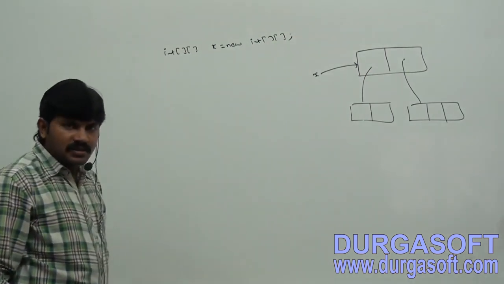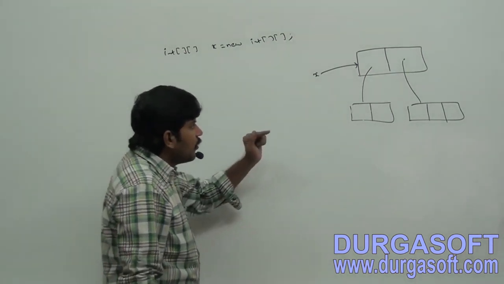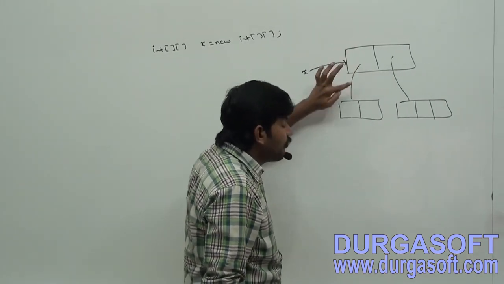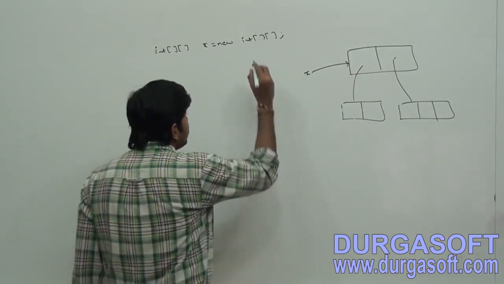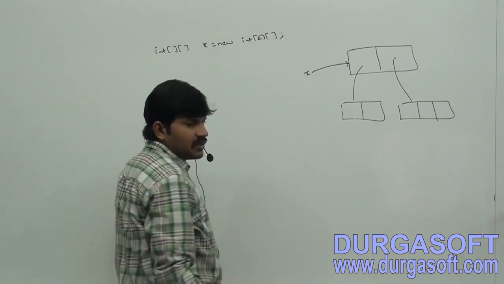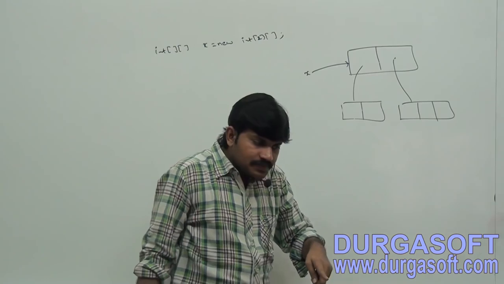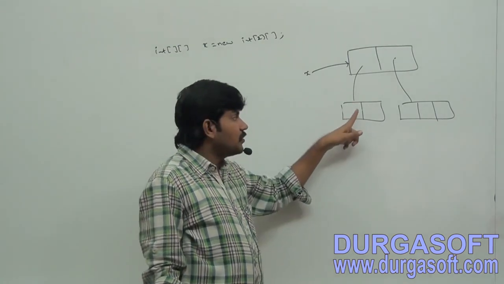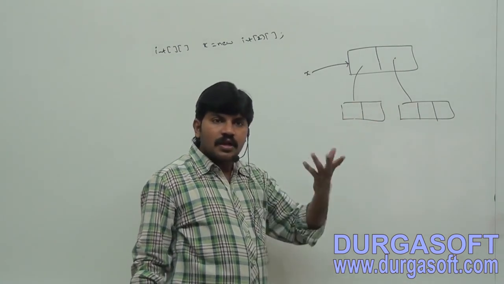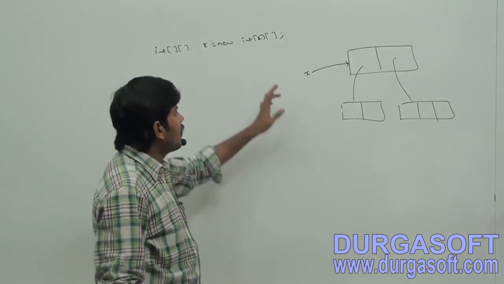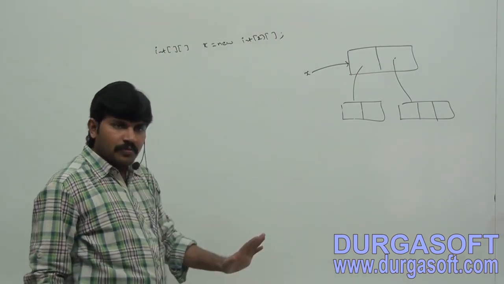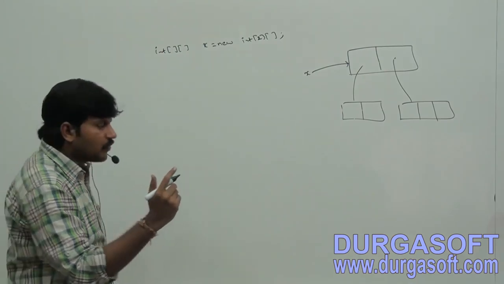Can you tell what is the base size? The base size is 2. What is the next level size? Sometimes 2, sometimes 3. That's why it is not fixed. If it is not fixed, no need to worry. Leave that. In the next lines we will talk about that.